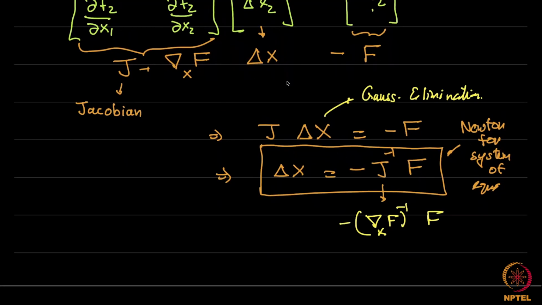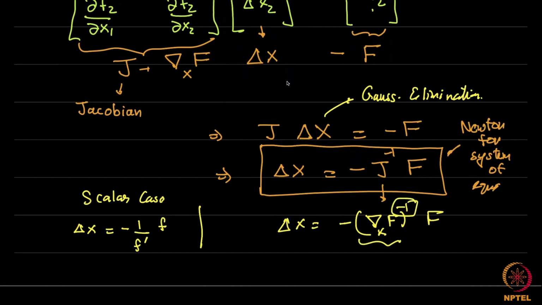Now notice how symmetric this is to the scalar case. The scalar case was delta x equal to minus 1 by f prime times f. Notice this inverse. Another way of saying it is f prime to the power minus 1 times f. This is the same thing here. It is exactly the same relationship as before, except now J is a matrix. Here f prime was a scalar.